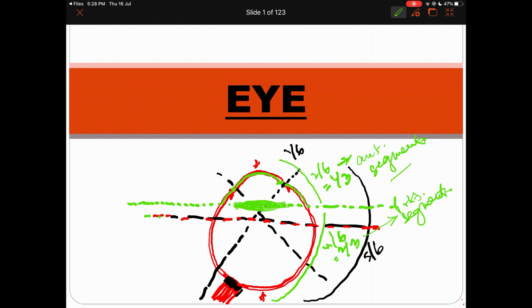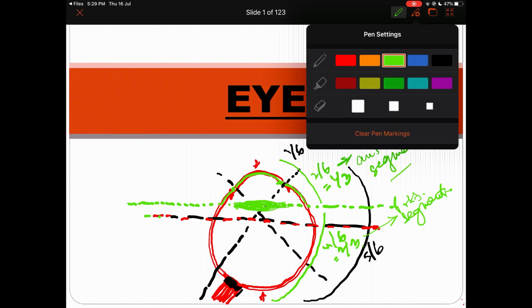So, in the anterior and posterior segments, it is basically the lens and the zonular fibers which are dividing them, and on the sides I will tell you later. And whatever is in the anterior segment, I will tell you later what happens in that.